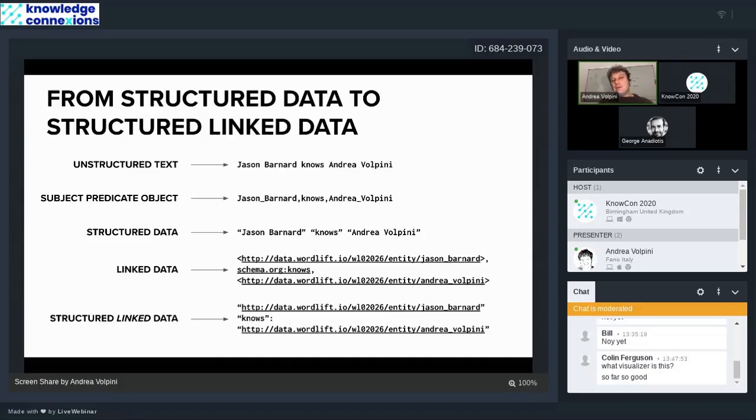But then, in the context of WordLift and other tools like WordLift, we convert the structured data into structured linked data, where everything has a unique identifier. And that's becoming more important, even though Google doesn't acknowledge that it's using these unique identifiers. We have seen across these four years that we've been in the business with WordLift that Google is somehow using these unique identifiers.